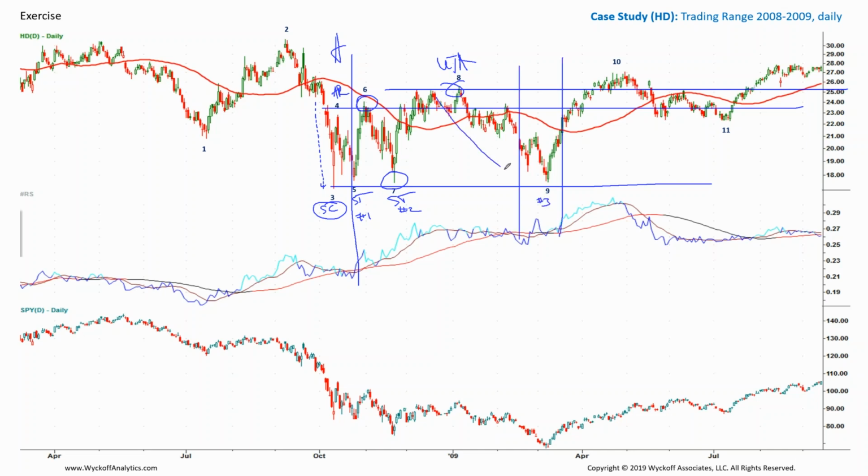Second point of fear. Look at how the price goes down. Look at how the price was going down into point number 3. So the same magnitude reactions. Second point of fear. Phase C. So therefore everything in between A and C is B. So therefore 10 is D. The phase, so that's D. Your major sign of strength. And then 11.